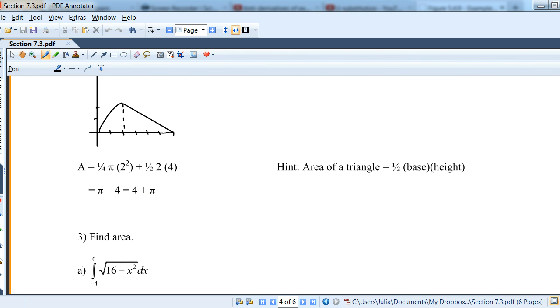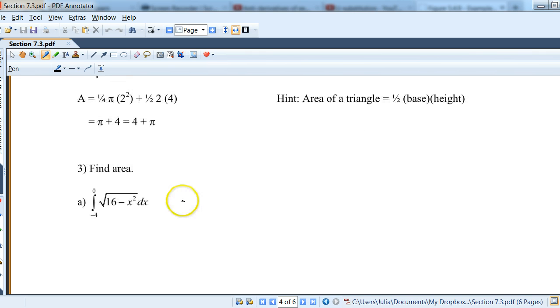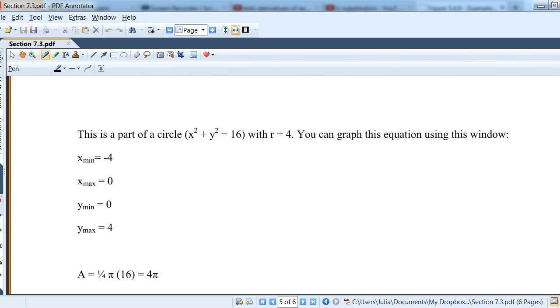And what if you have an actual integral? We don't know how to integrate this directly, actually, but you can graph this on your graphing calculator, and if you put x minimum as -4 and x maximum as 0, you'll see it's a quarter of a circle again. I don't think I drew it, but it is a circle: x squared plus y squared equals 16, with radius equal to 4.